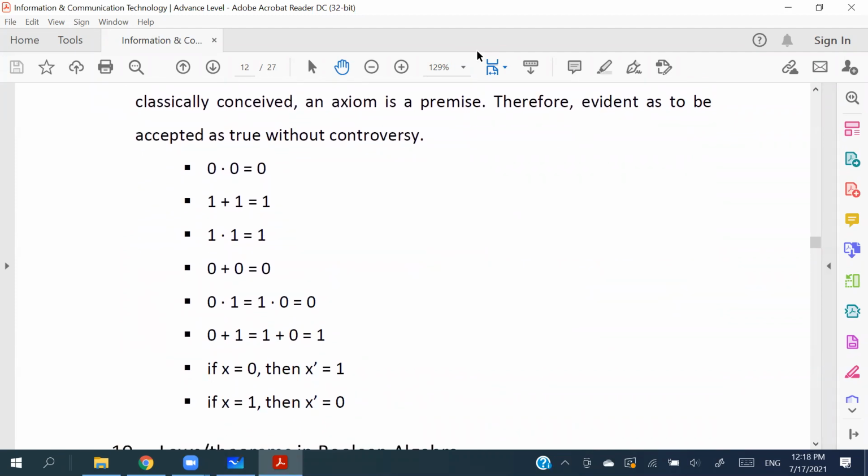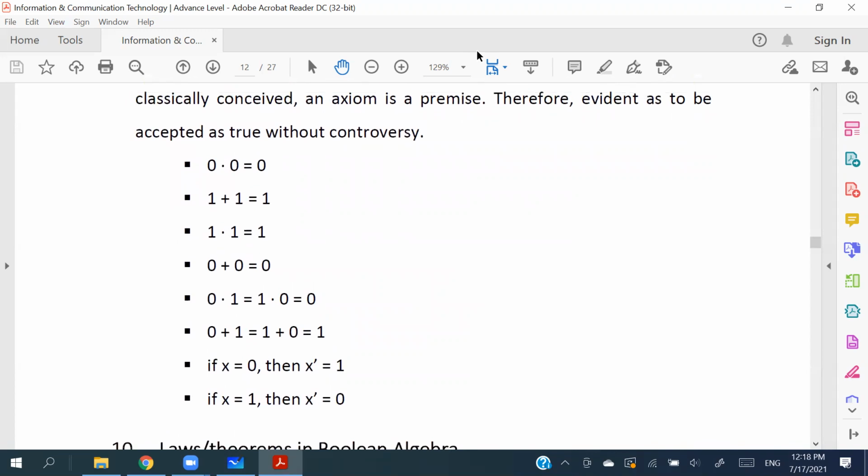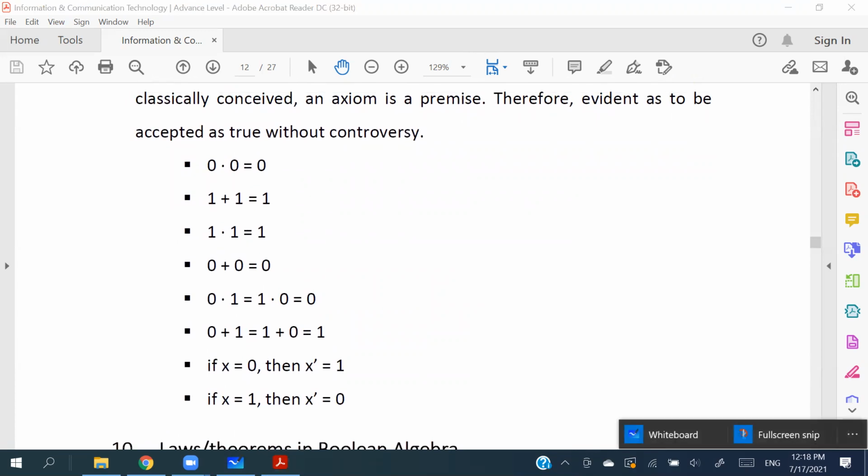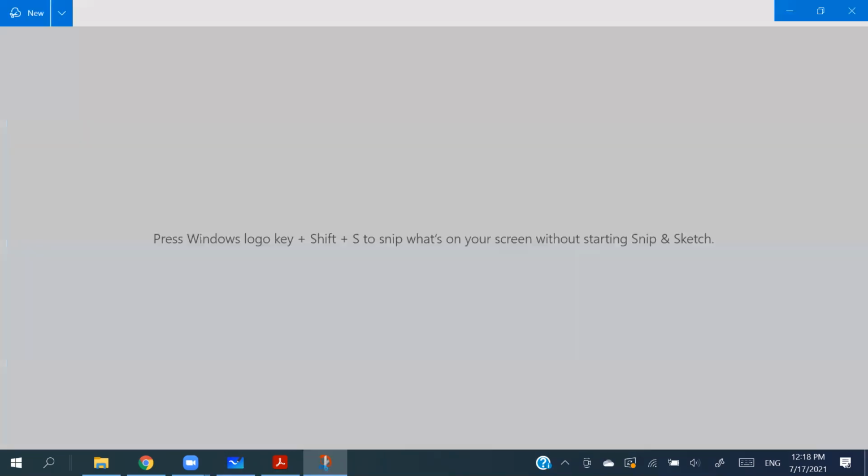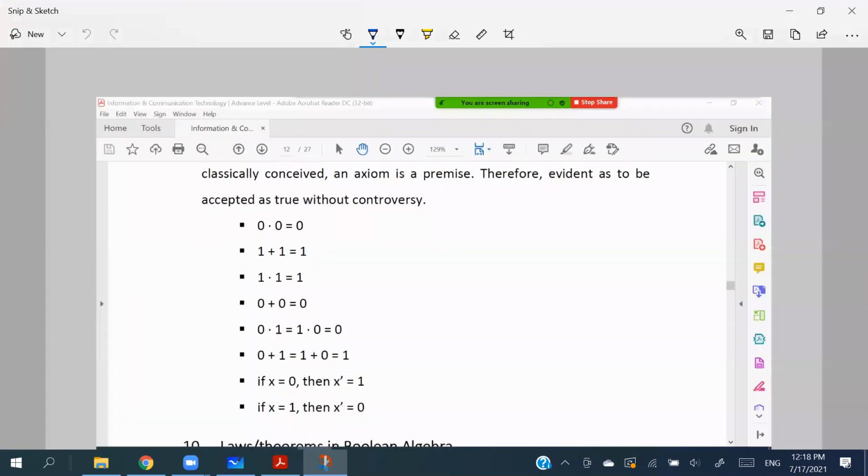Something we know from our truth tables. 0.0 is 0. 1 plus 1 is 1 according to Boolean algebra. 1.1 is again 1. 0 plus 0 is 0, right? But from the fifth and sixth ones, they are trying to say that 0.1 can be written as 1.0, and the answer is going to be 0.